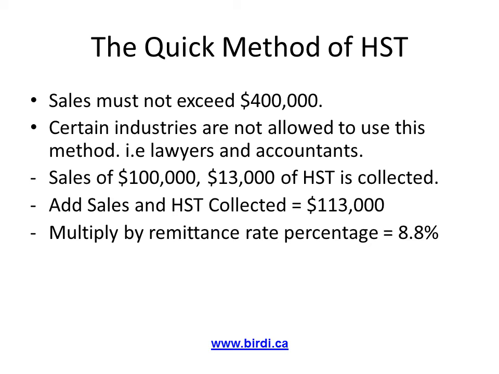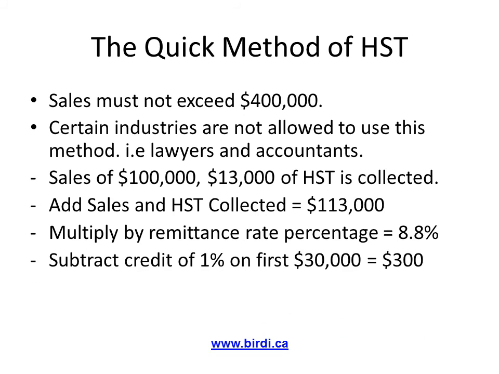For consultants, it's 8.8%. You receive a credit of 1% on the first $30,000 of sales, giving us a credit to subtract of $300. The amount owed to the CRA using the quick method in this example is $9,644.